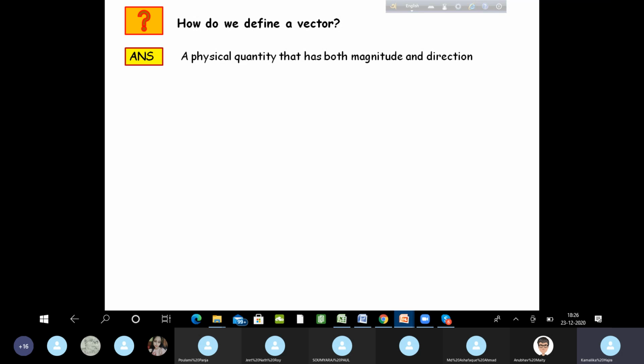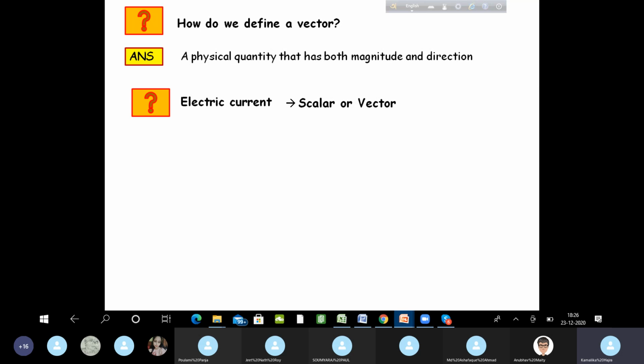Before moving ahead with vectors, I will ask you another question, and you might think it's irrelevant, but I'll still ask. My question is about electric current. Is electric current a scalar or a vector? Scalar, ma'am. Everyone agrees with that?